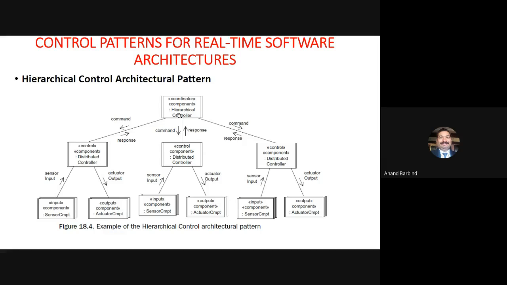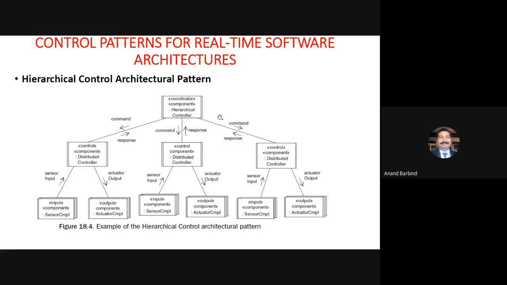There is another hierarchical controller, and the important events are sent to this hierarchical controller. Upon receiving the requests or responses from each of these control components, about the events which have occurred at different inputs, it takes the decision and sends the command to each of these control components.